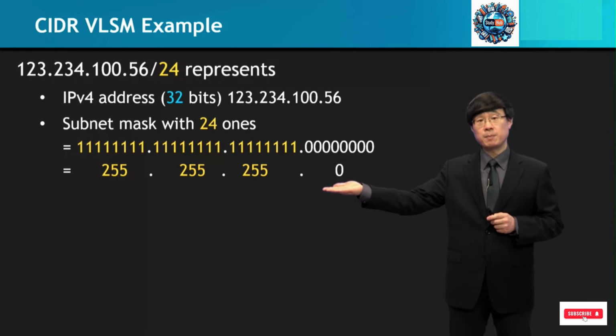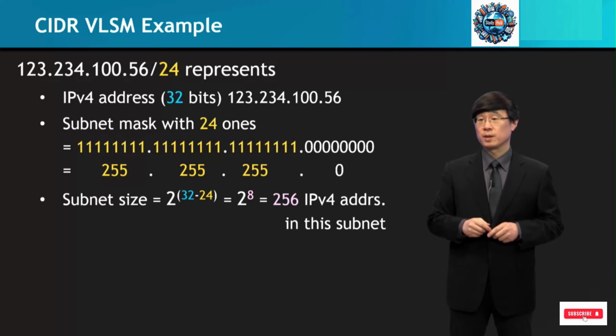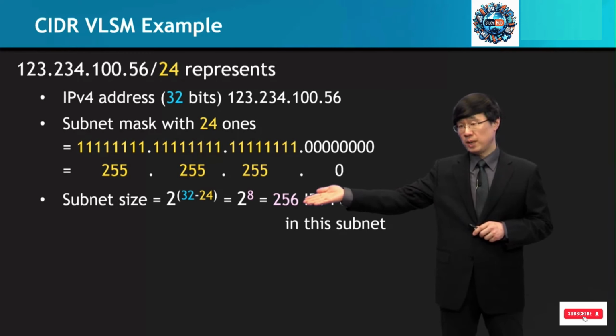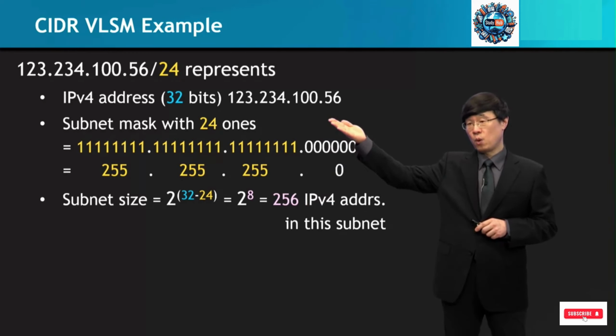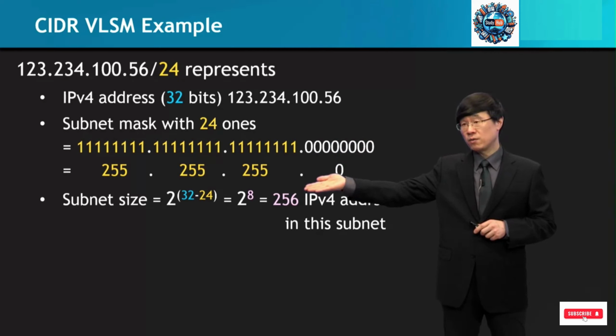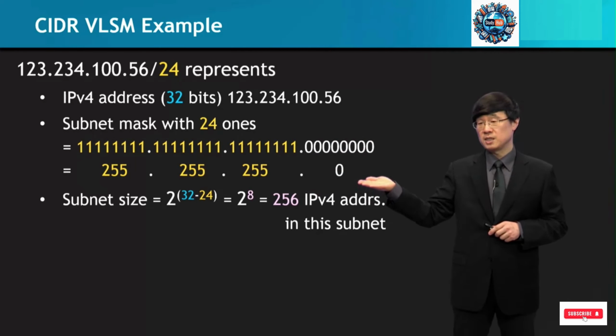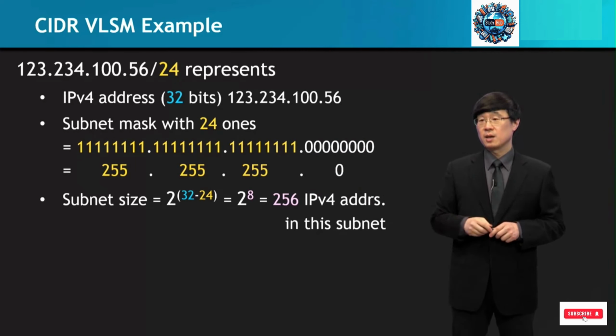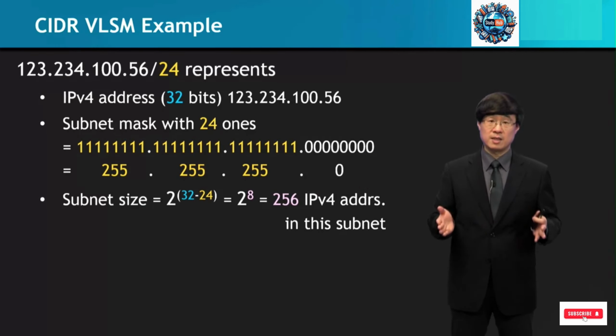If we were to map them to a decimal number from the binary representation, it would be 255.255.255.0. The subnet size can be directly obtained from this subnet mask structure because we know that the IP address is 32 bits and we have 24 ones, so that means 2 to the power of 8, which is the number of zeros we have right here. So that means that 256 IPv4 addresses are in this subnet.